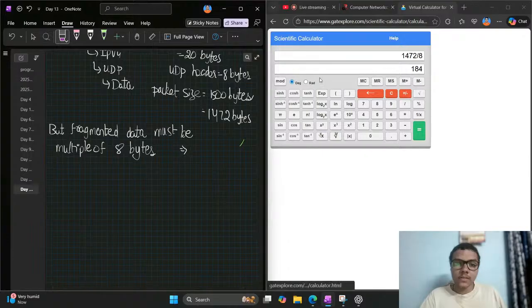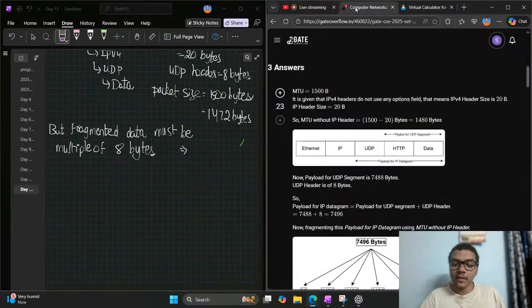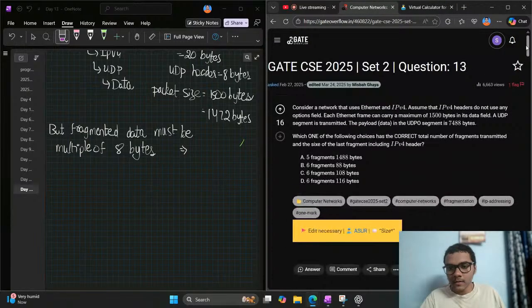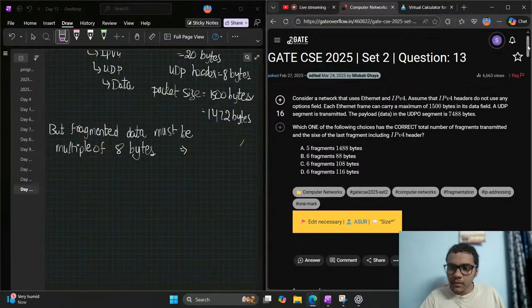So how much total data needs to be sent? Payload of UDP segment, right? 7488.